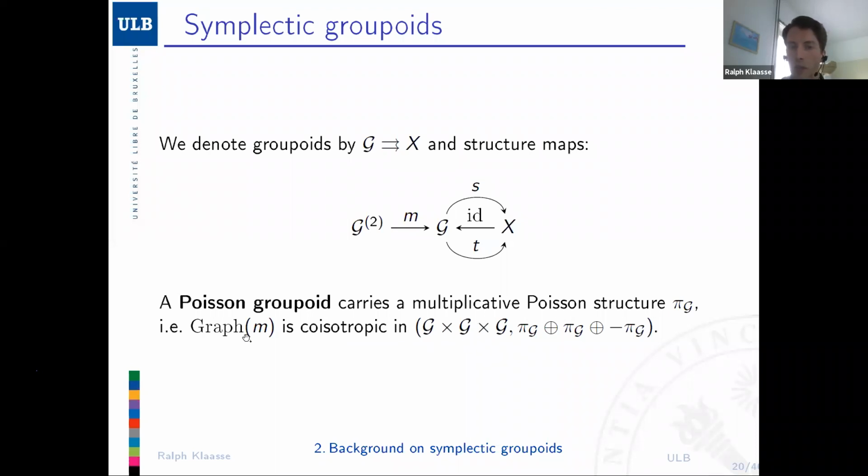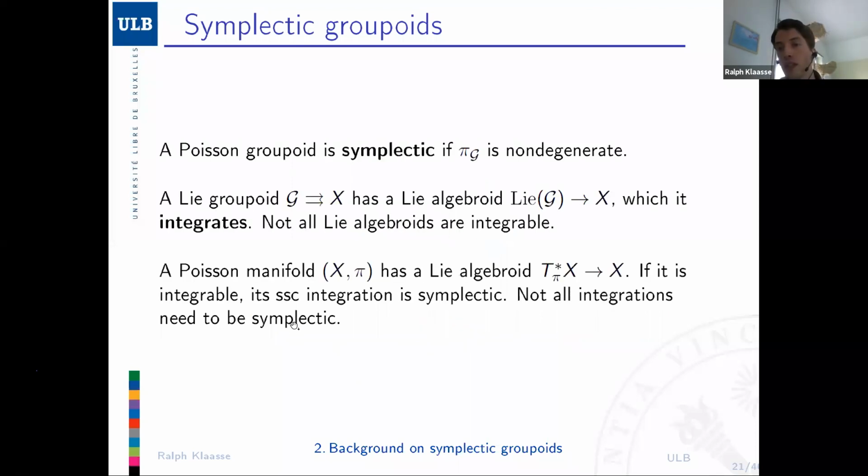So graph of multiplication should be familiar to you, but it's basically saying, you take two things in there and then it should multiply to a third. So that's why it's in a product of three Gs. Okay. So for me, symplectic groupoids are really Poisson groupoids, where it so happens that pi_G is non-degenerate. So I'm really using the bivector point of view here.